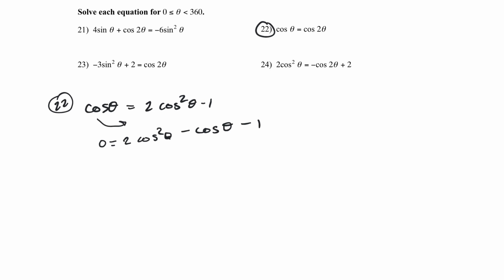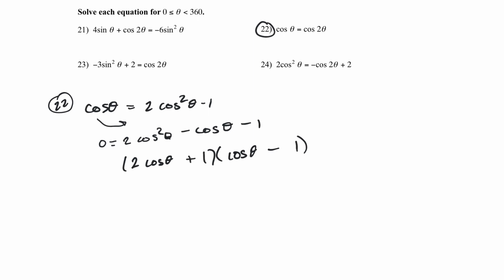Here we have 3 terms, so can't do GCF because 1 doesn't share anything in common with the rest of them. But I can definitely factor it, or unfoil as you say. Right? It's 2 cosine theta times cosine theta will give me that one. And then 1 is nice because it's just 1 times 1. Now I just have to work out the signs. It would be plus 1 and then minus 1.